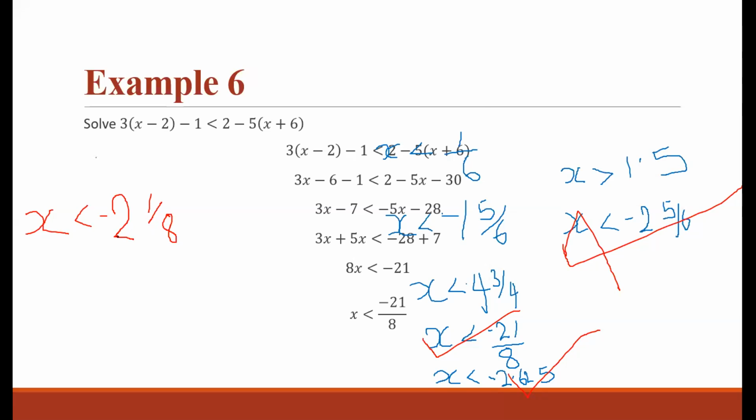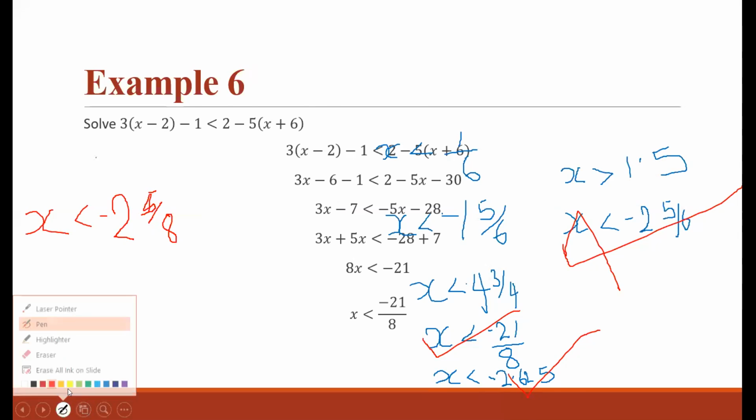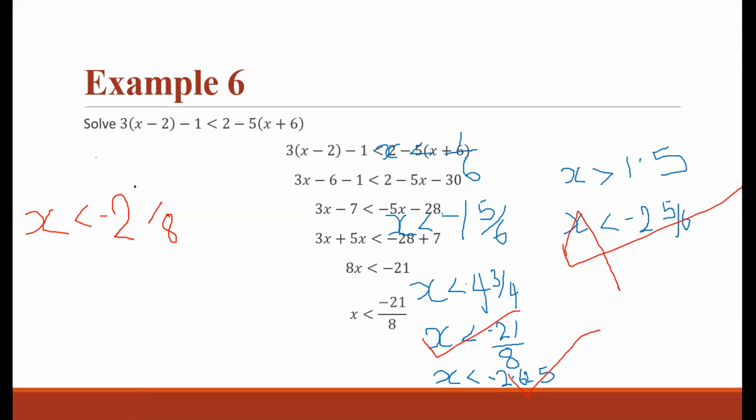Let me confirm here. 21 divided by 8. All right, it is 5 over 8, sorry. It is 5 over 8. This is 5 over 8.